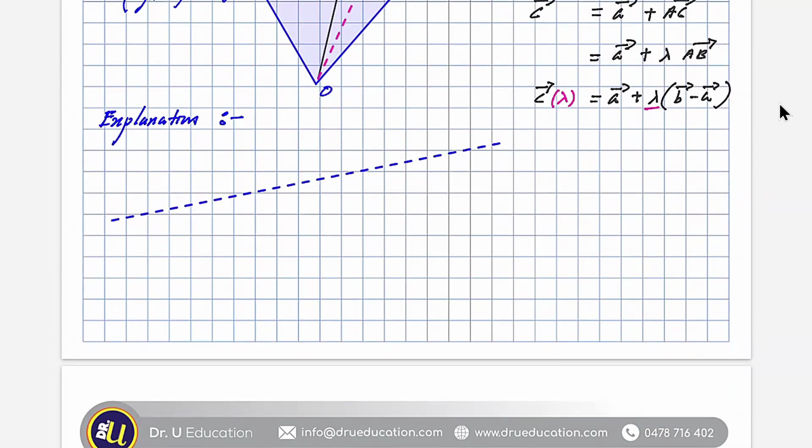So this is my origin. This is my origin. So I'm going to have things like this. Right. So this is my C of lambda vector.